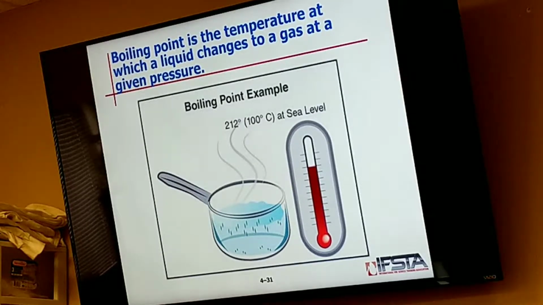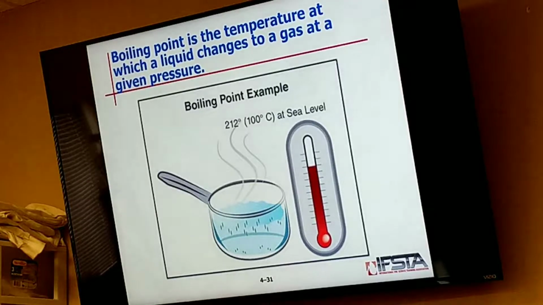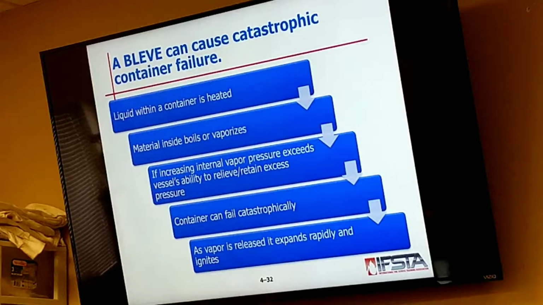When we have a container that's under a lot of heat and stress, and we have that violent rupture, what do we call that? BLEVE. Boiling liquid expanding vapor explosion.